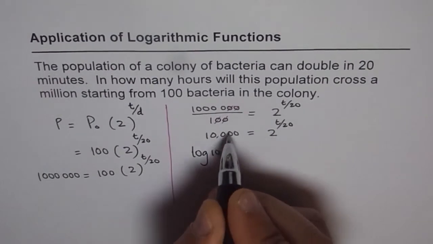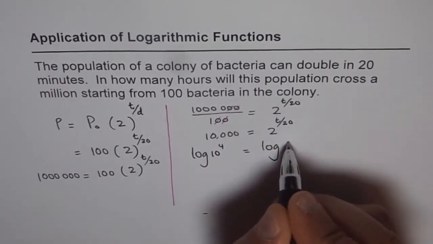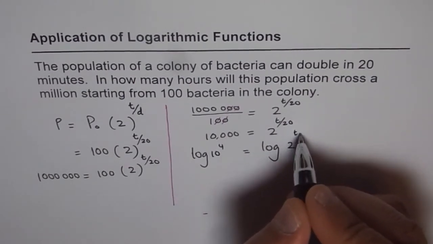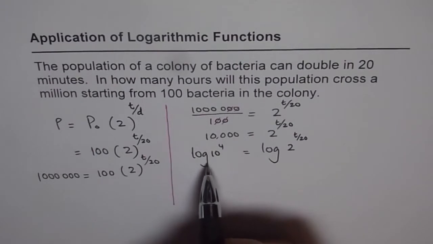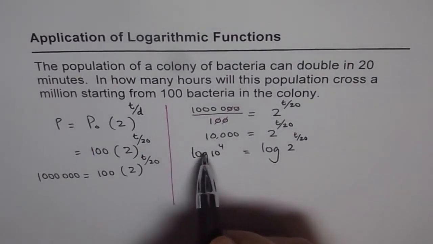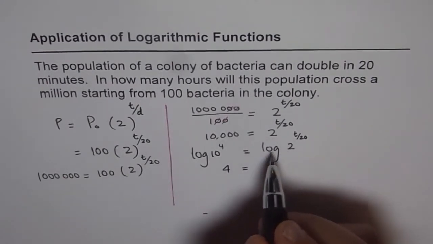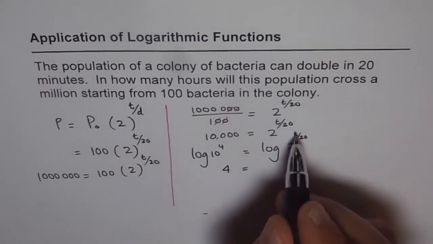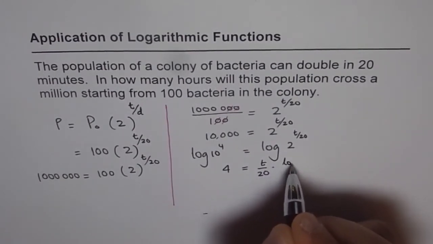This is 10 to the power of 4, equals log of 2 to the power of t over 20. Now the property of log is, when the base is the same, then it is just the number 4. So we get 4 here, equals, here we have log of 2, and the exponent t over 20 comes on this side, t over 20 times log of 2.